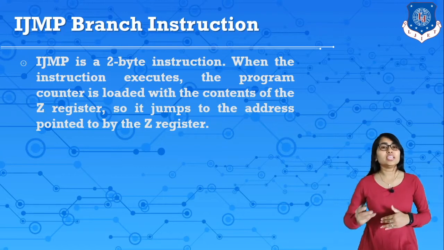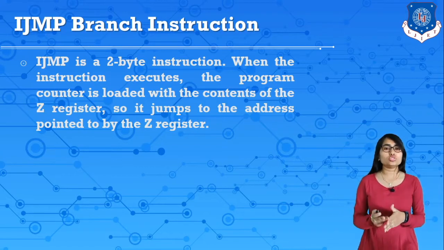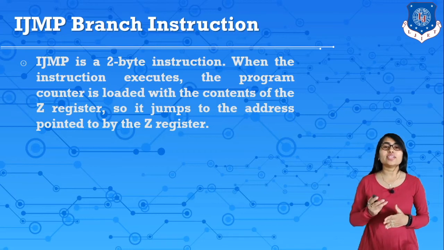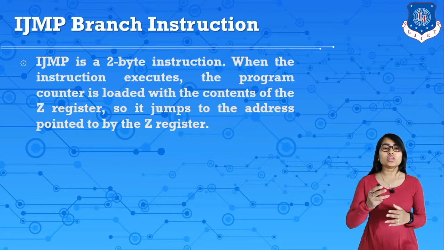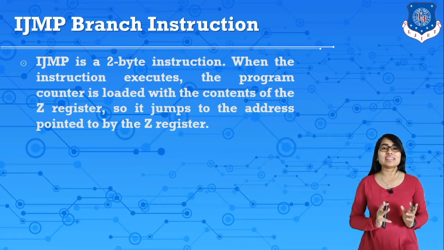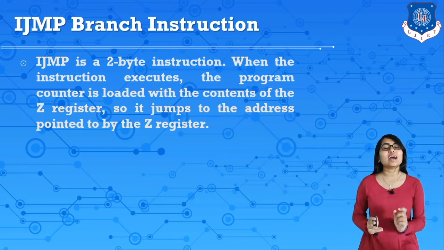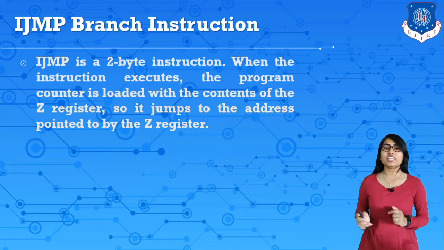IJMP, that means indirect jump, basically uses the Z register, so it always jumps to the address pointed to by the Z register, that is the content of R30 and R31, the general purpose registers R30 and R31.